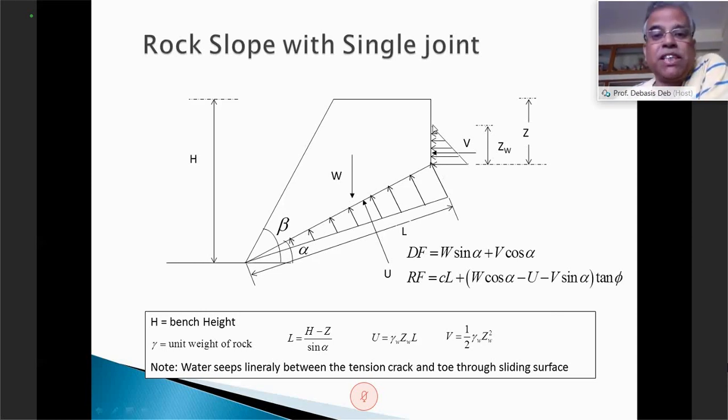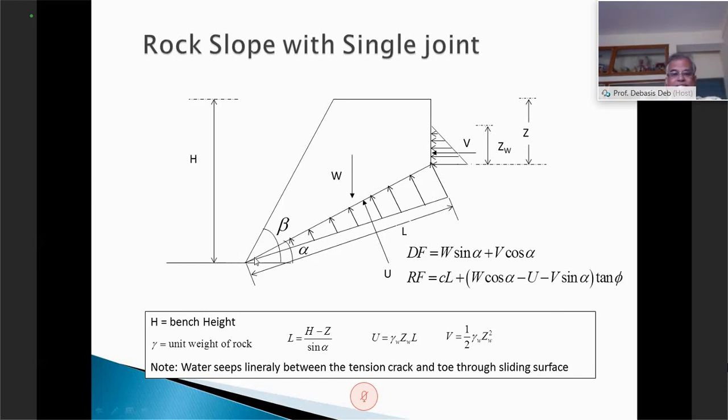So the water pressure will be like this. Since the water is coming out from here, and at this point the pressure is the same in all directions, whatever this pressure is, the same pressure will be here also. And then we are actually assuming a linear decreasing nature, so the pressure will go down gradually to zero.